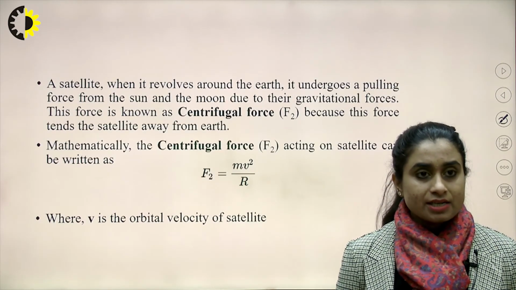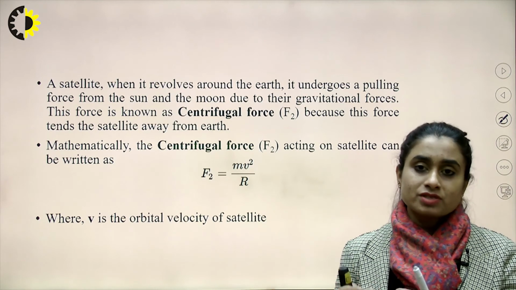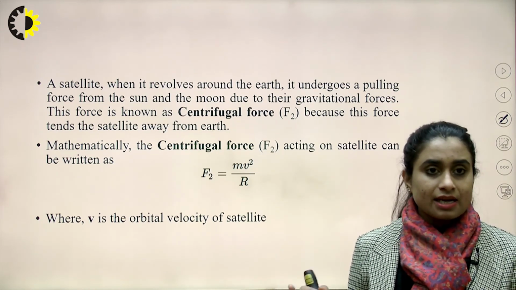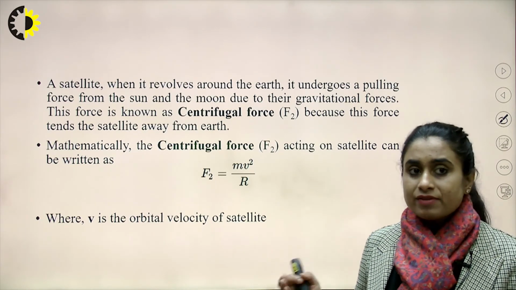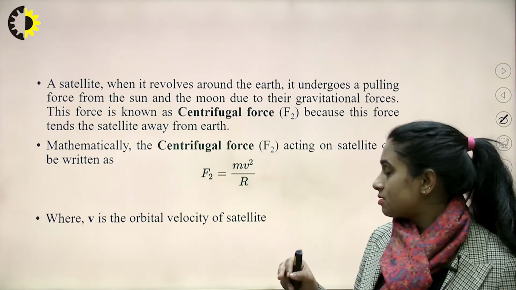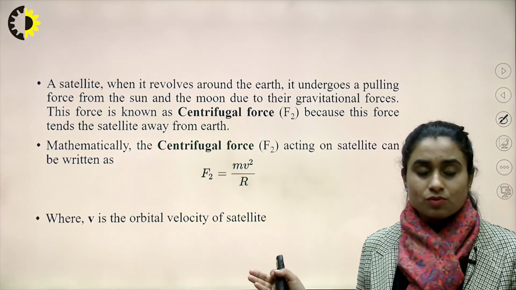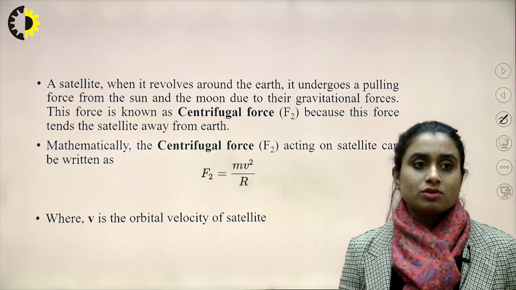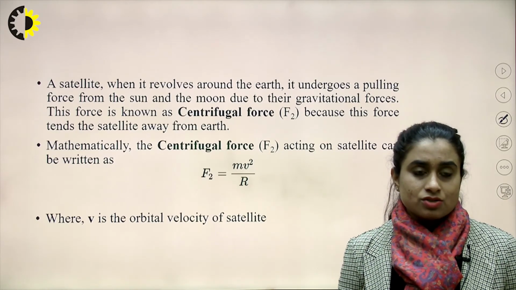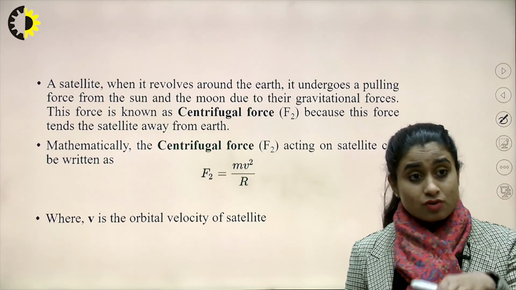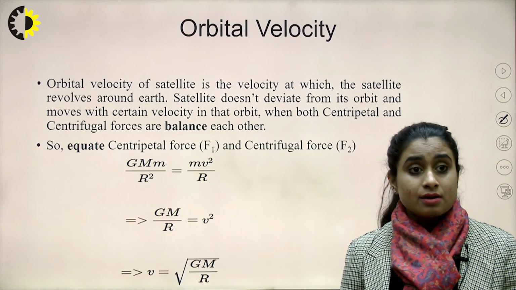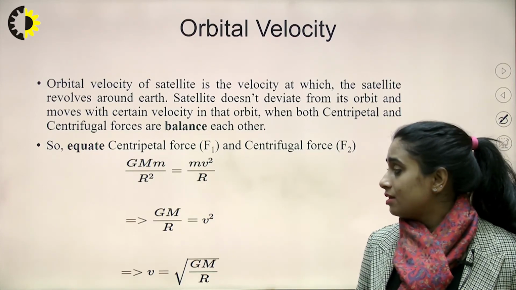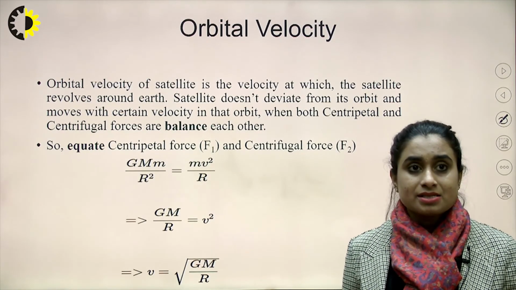And the centrifugal force, the force which acts outwards, can be shown with kinetic energy, right? So F2 equals mv square by r, the velocity with which it is moving, the mass of the body, and r is again the central distance between both the bodies. So this is the centrifugal force. When these two are equal, then the satellite remains in its orbit.